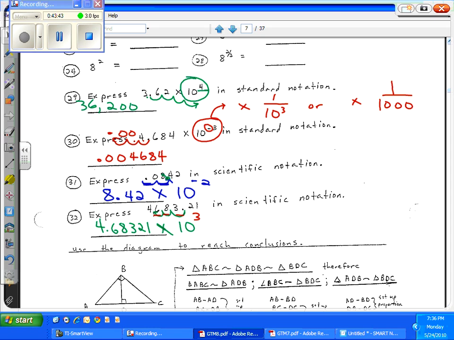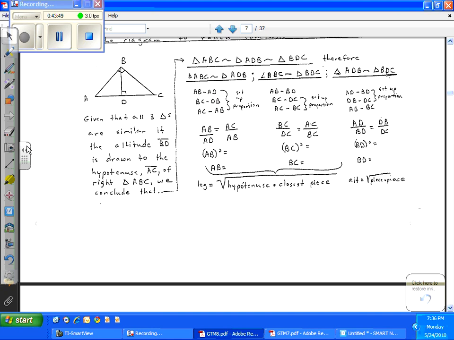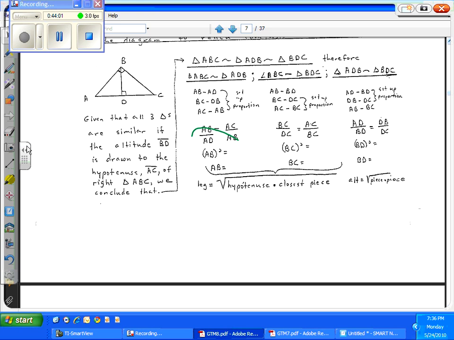At the bottom, it says use the diagram to reach conclusions. We have to study that just a little bit. It's a little bit complex, but it leads into the next lesson.